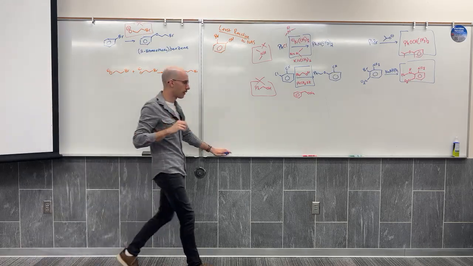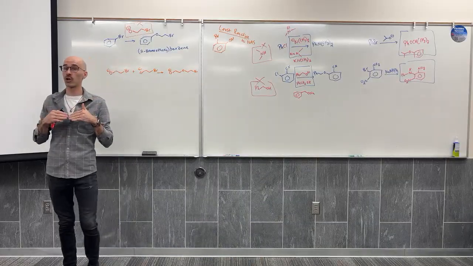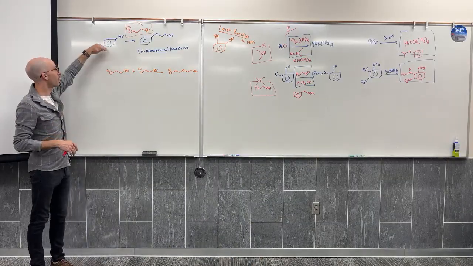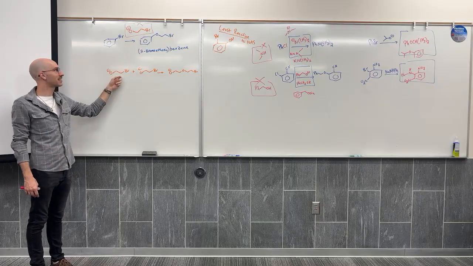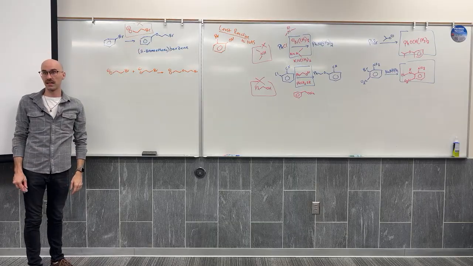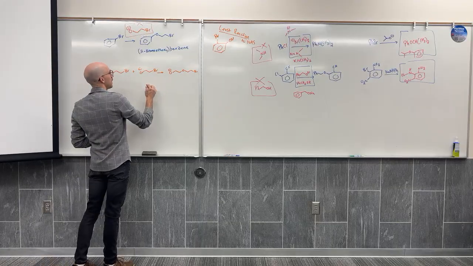So when I encourage you to do synthesis, one of my tips is work forward and backwards. Well, my forward step was to do it all in one step and use this guy, and that's out the window. So what I'm going to try and do now is work backwards.